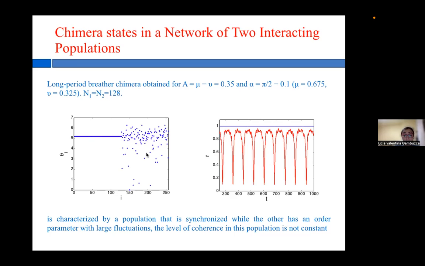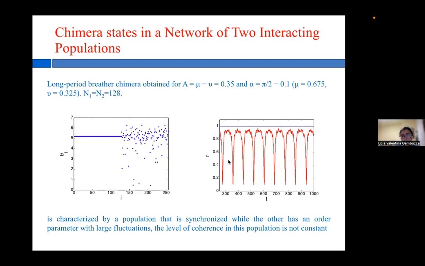In the second population, we have incoherence, and this is clearly evident again from the cloud of these blue dots in the second part of the network, the last 128 units of our network.